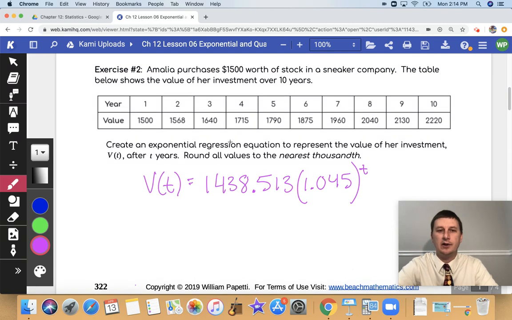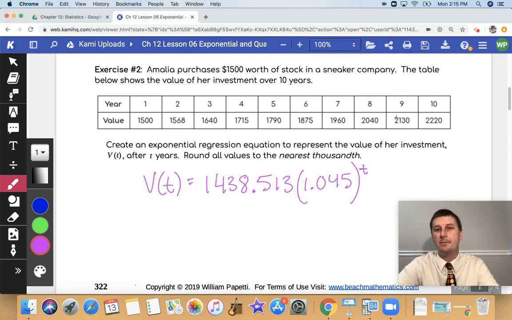So again, this is all this question is asking us to do, but based on 10 years of data, 10 years with the value of the stock, you could accurately predict, maybe, because stocks could be very volatile and they could go up and down, but based on the information we have, we could predict how much the stock might be worth in 12 or 15 or 20 years.